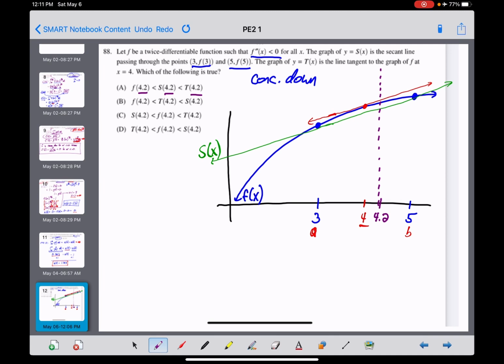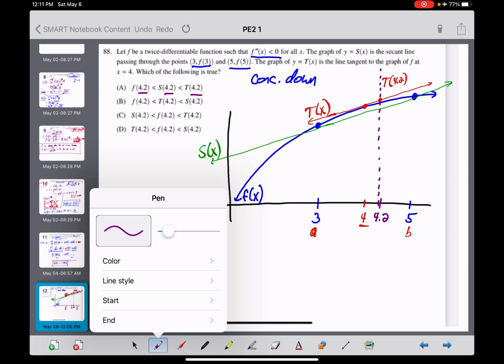What they're asking us to compare in all 4 of these options are the y values here. And I'm sorry, I forgot to label my red tangent line. That was t of x. What it looks like is that the highest of the 3 values at 4.2 would be right there on the red tangent line itself. It looks like t of 4.2 is going to be the greatest of all of those values.